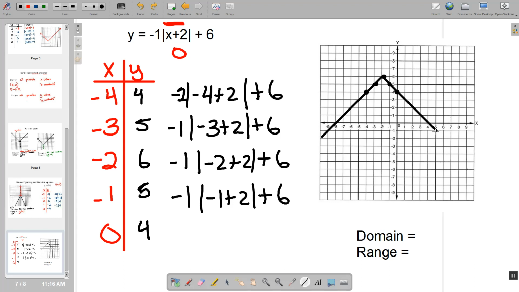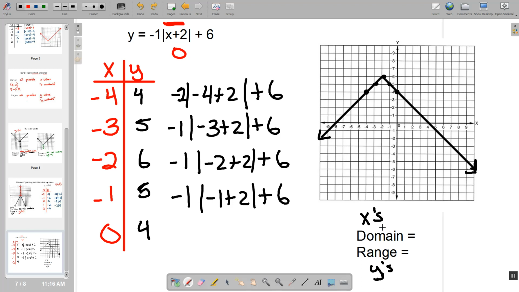Graphing on this app is not super easy, but it works out okay. And I have right here my function. Now, for the domain and range, remembering that our domains are our x values and our range is our y values.